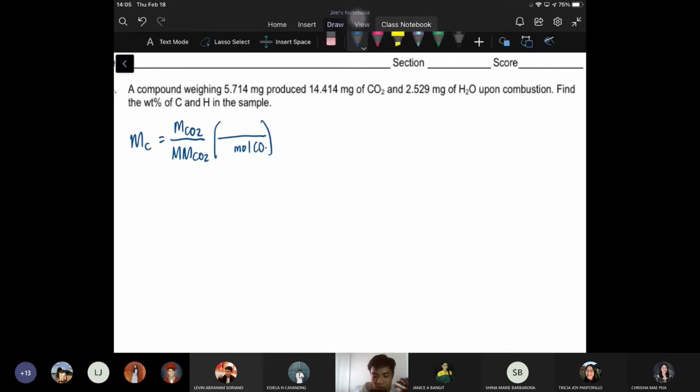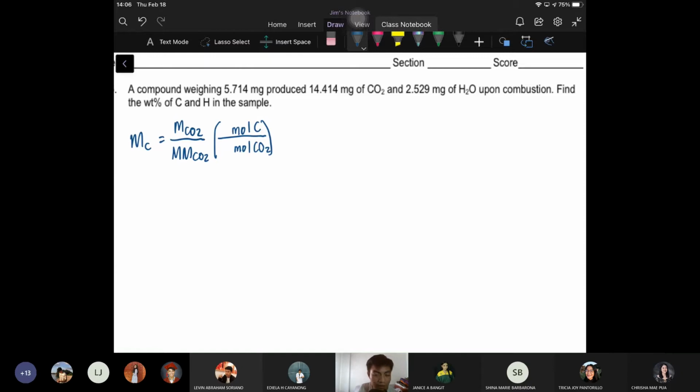You have CO2 on the bottom so that it cancels. You have moles of carbon on top so that it remains. Okay? The only problem here is their coefficients. So, just look at the formula. We don't need a chemical equation here. Just look at the formula.